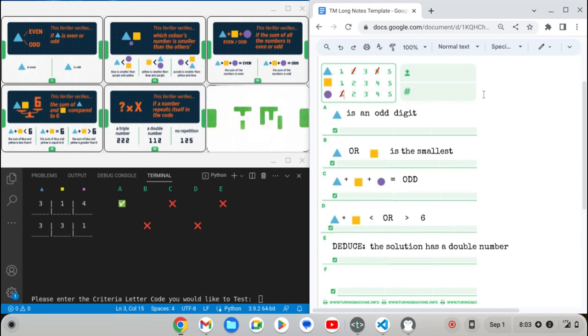Well, this is very interesting. Okay, so let's take a look and see. Remember, we still do have a double number somewhere. So we know at least triangle and square can't be both 1, because even though those are a double number, they're equal.